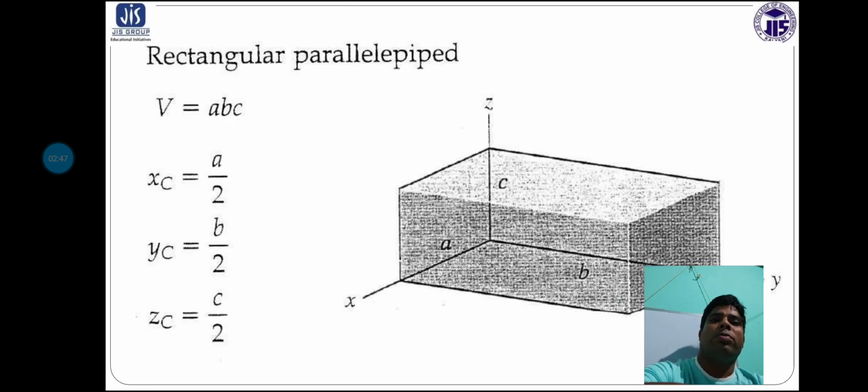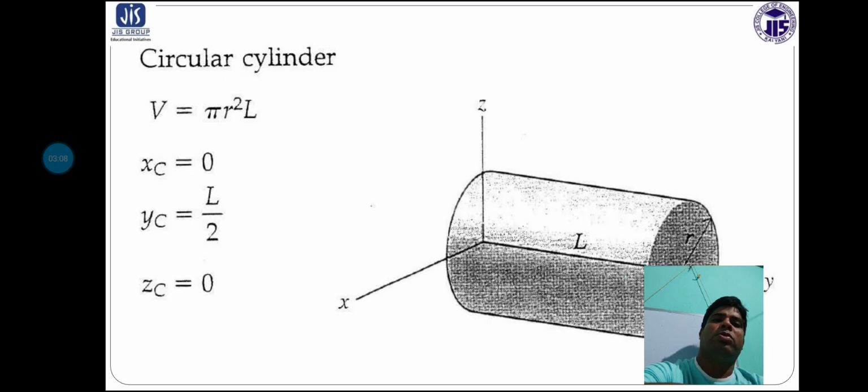Rectangular parallelepiped, that means V is equal to ABC, where A, B, C are given. XC will be A by 2, YC is equal to B by 2, and ZC is equal to C by 2. Now circular cylinder, so V will be pi r square L, XC will be 0, YC will be L by 2 and ZC will be 0.